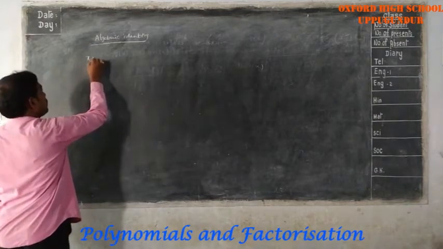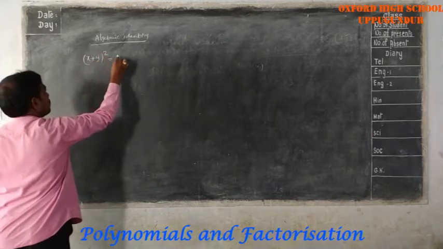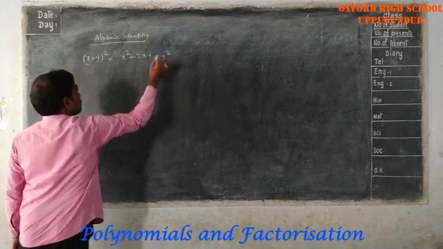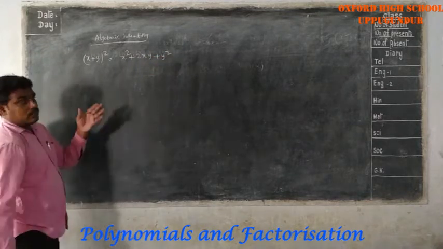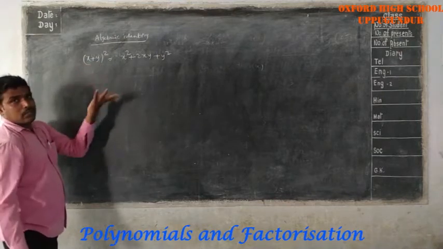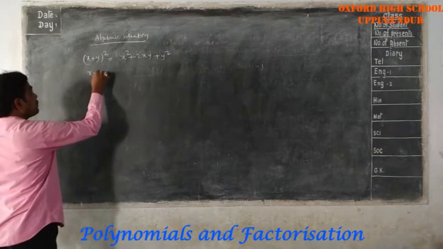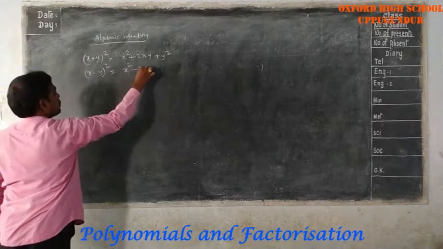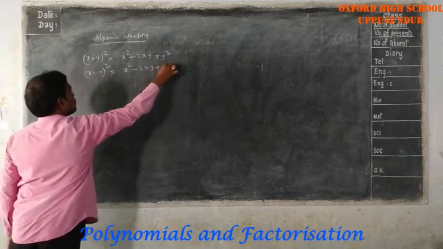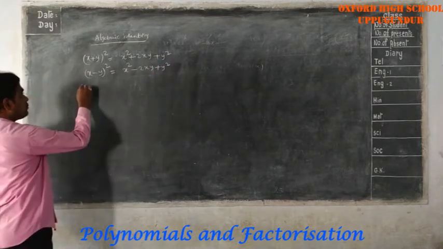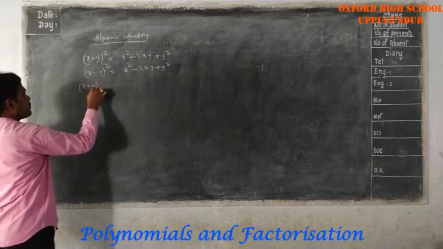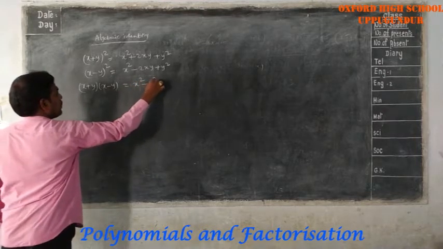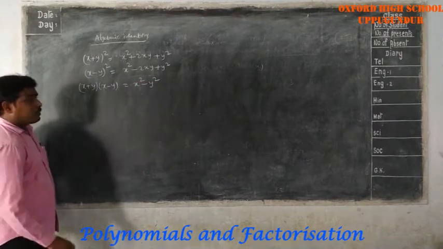So (x plus y) whole square equals x square plus 2xy plus y square. (a plus b) whole square is the same; in place of x plus y, you can write a plus b also. (x minus y) whole square equals x square minus 2xy plus y square. (x plus y) into (x minus y) equals x square minus y square.